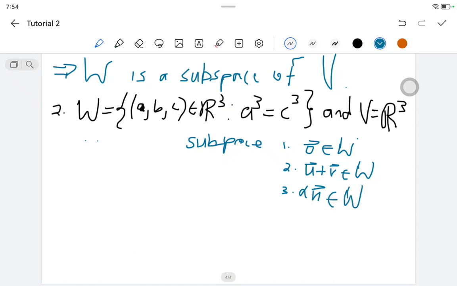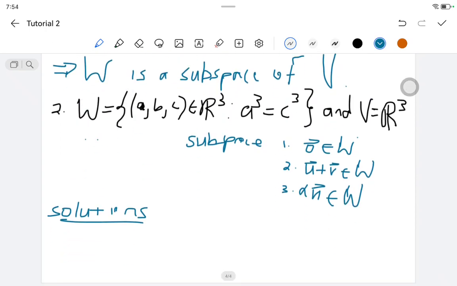Right. So what we're going to do now, we're just going to say solutions. Then we start by checking the zero vector. And remember, how do we check the zero vector?